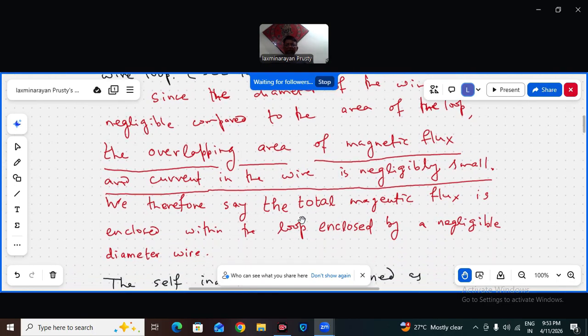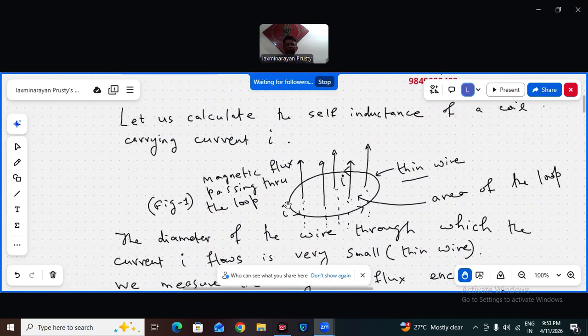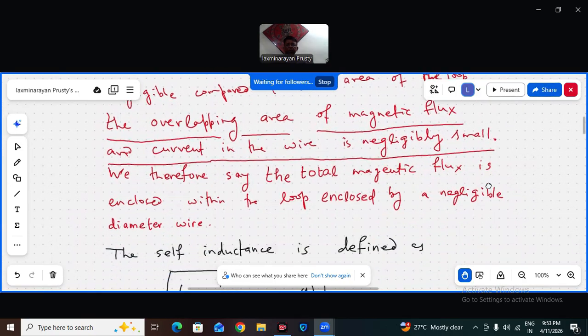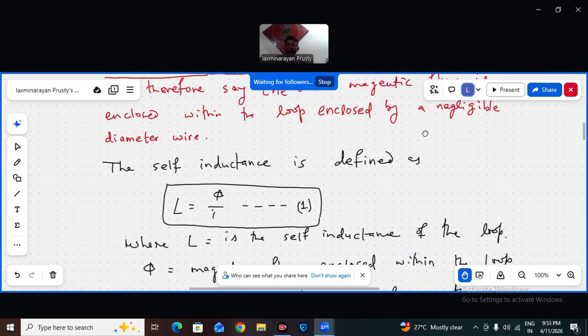We therefore say the total magnetic flux is enclosed within the current carrying loop, enclosed by a negligible diameter, current carrying wire.